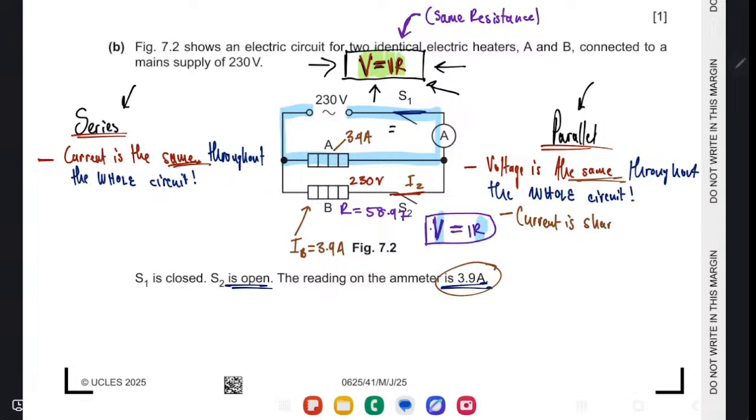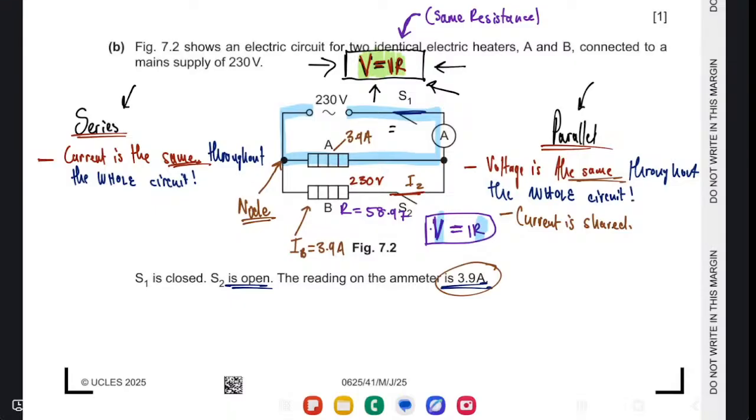I told you, my students, that in physics, there is a special word for this point where you have three or more wires coming together. It's called a node. A node is a place where three or more things, wires or cables, come together.